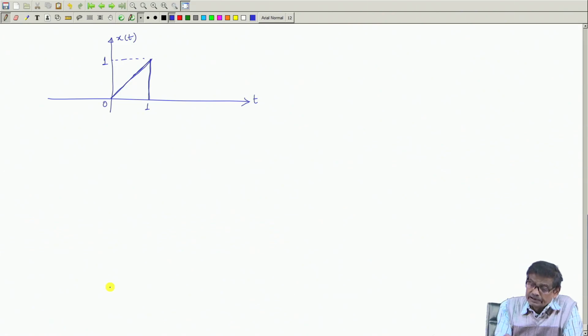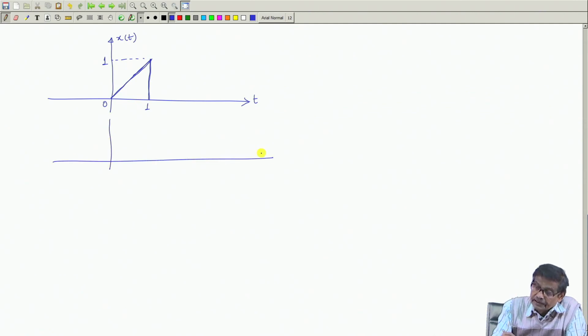So one thing is clear, this function apparently looks like a ramp function at t, because at 1 this is 1, we have just indicated that.